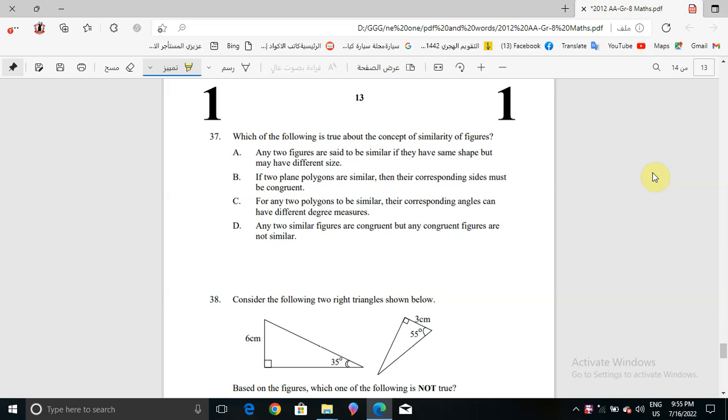So the one which is true about the concept of similarity of figures is: any two figures are said to be similar if they have the same shape but may have different size.